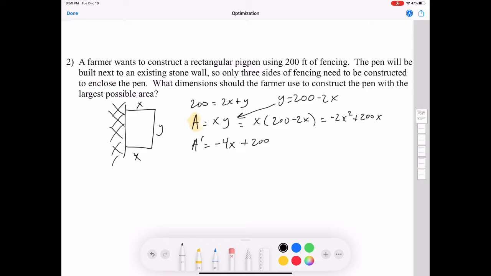A prime is the rate at which the area is increasing or decreasing, and we want to find when it has a critical point. So let's set that equal to 0. So 4x equals 200, and then x equals 50, positive 50.